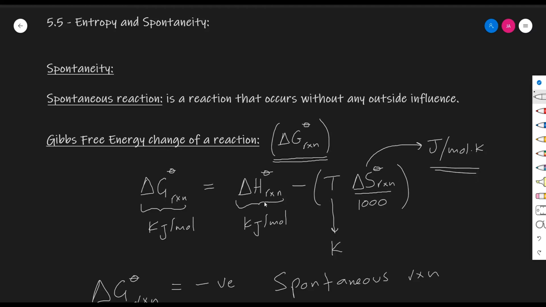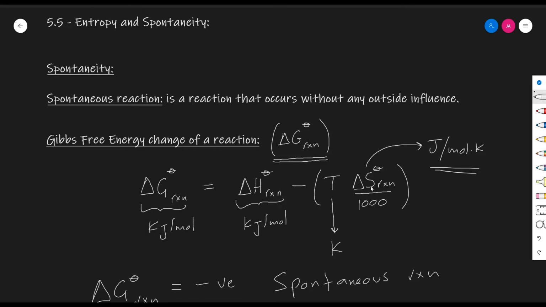And this is the only trick in this equation. Normally, the equation would be listed in the data booklet without dividing the entropy change of the reaction by 1000. But I prefer my students learn it with the division over 1000 to convert the units of joules here to kilojoules per mole, so that it is aligned with the units of the enthalpy change of a reaction, and to produce the units of the Gibbs free energy change of a reaction in kilojoules per mole.